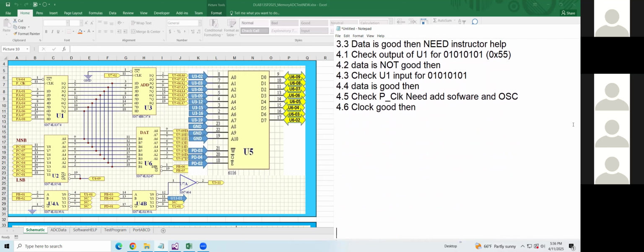Okay. Then if the clock is good, then check U1 pin 1 equal low.